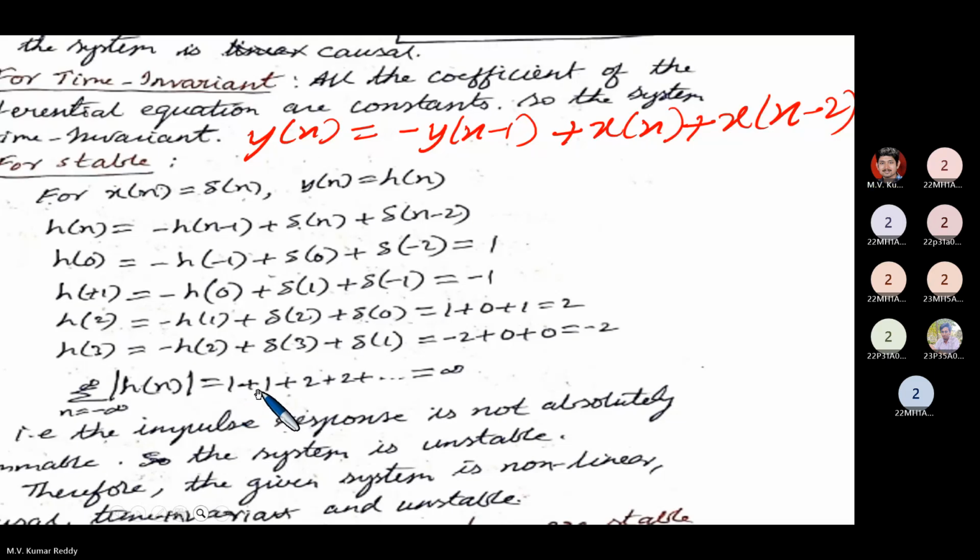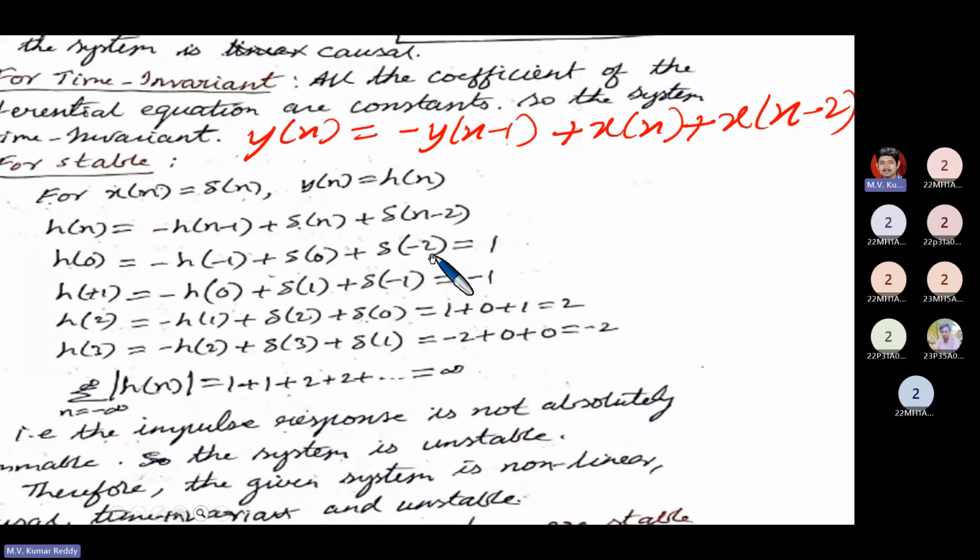So for that we are calculating each and every value, that is h of 0, h of 1, h of 2, h of 3, because n value varies from 0 to infinity. In this equation we are taking n is equal to 0. So n is equal to 0. Here 0 minus 1, minus 1. Okay, here n is equal to 0. Here 0 minus 2, minus 2.